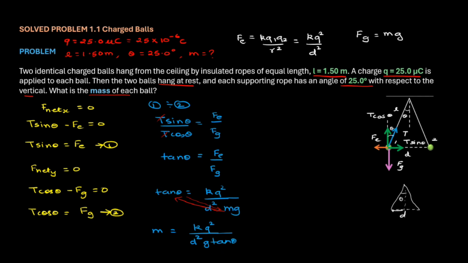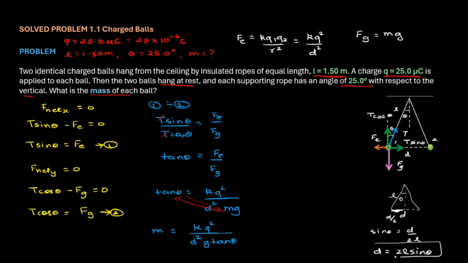So this small distance here is d by 2, whereas I have the length of the string. I know that theta is opposite to d by 2, so I can use sine theta equal to opposite side over the hypotenuse. Opposite side here is d by 2 and hypotenuse is the length L. Rearranging the terms, I get d equal to 2L sine theta.